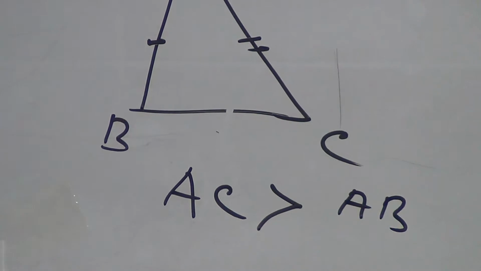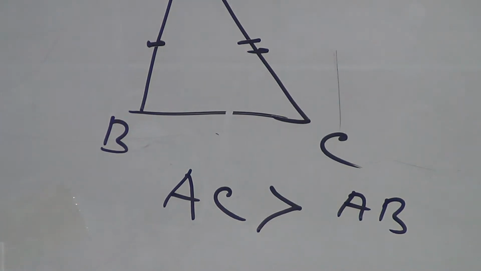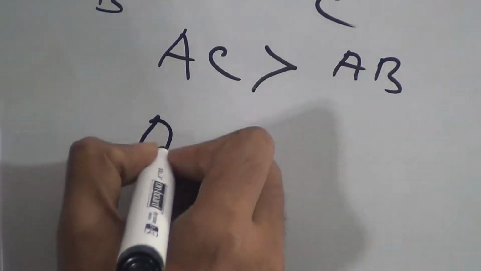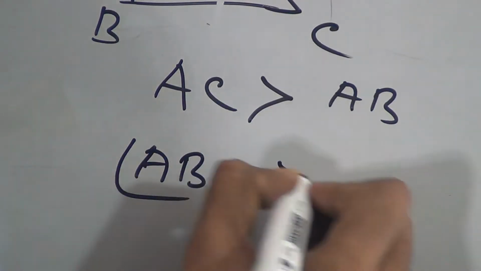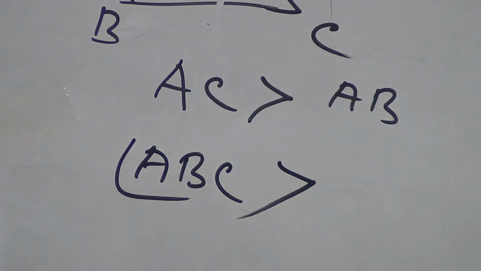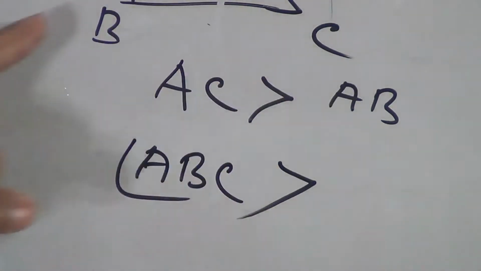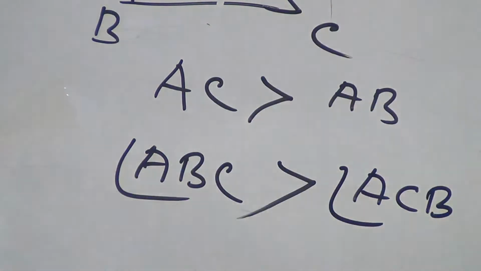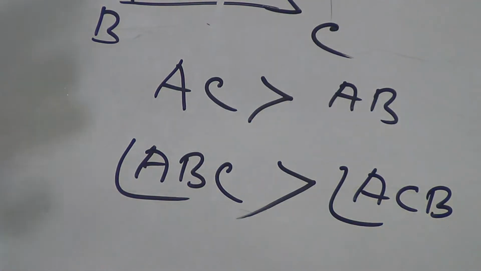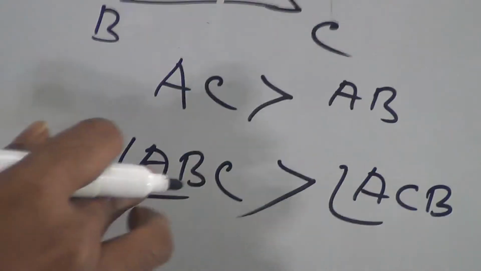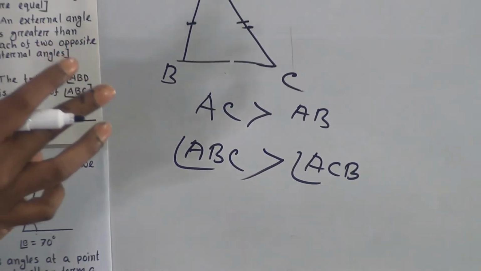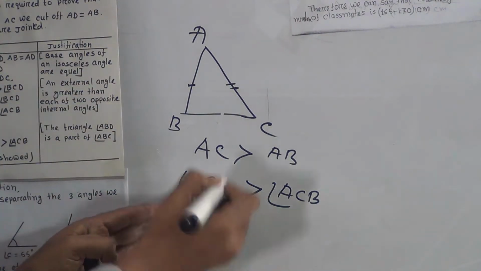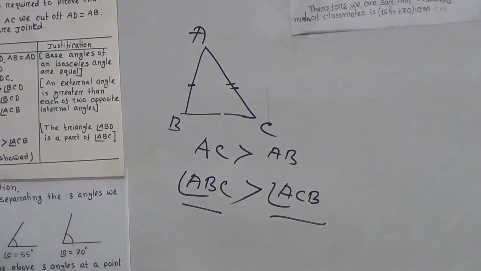Okay, then you observe the opposite angle of AC is what? ABC, and opposite angle of AB, ACB. Okay, that means according to the question we have to prove that if AC side is greater and AB side is smaller, then ABC is greater than ACB.